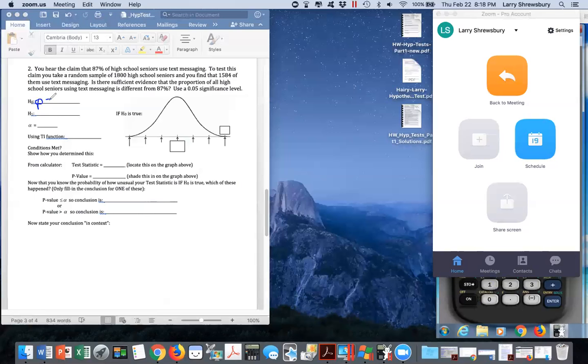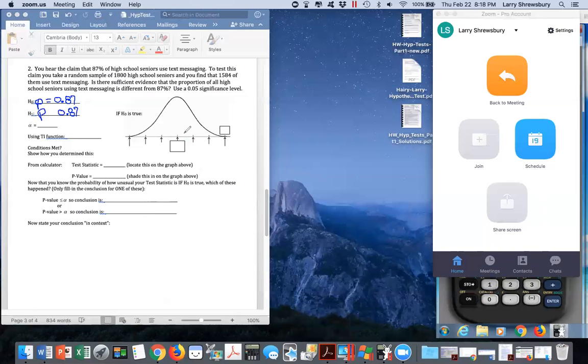We put in the equal sign. Now, what are we hypothesizing? Well, they claimed it's 87%. I'm going to enter the decimal because that's how we have to enter it into our calculator. Now, what do we do for the alternative? You say, well, last time we copied down everything but the equal sign. Okay, that's what we're going to do. Copy down everything except for the equal sign. All you've got to do is figure out which of those three inequalities.